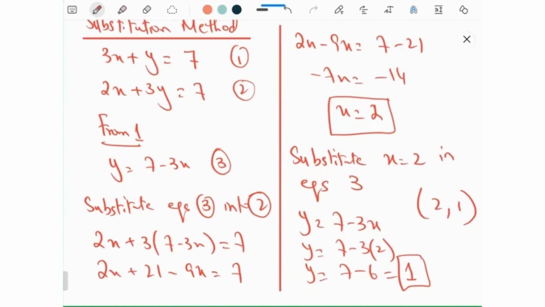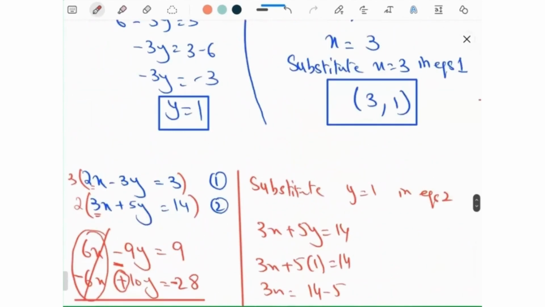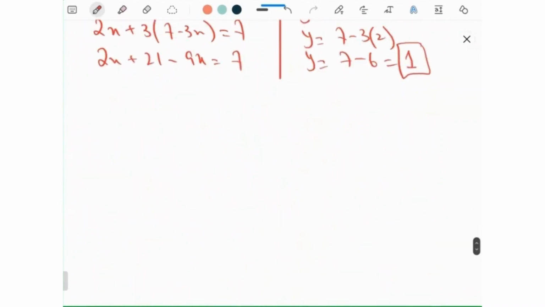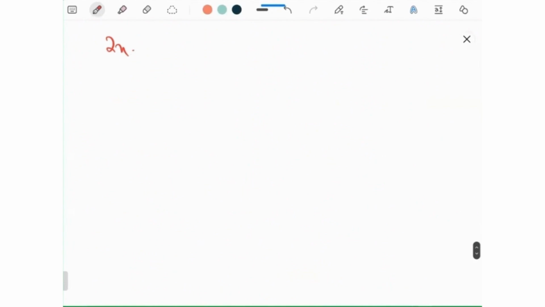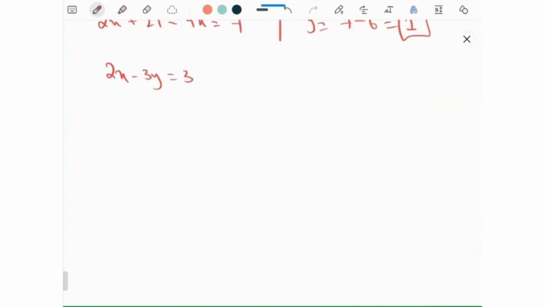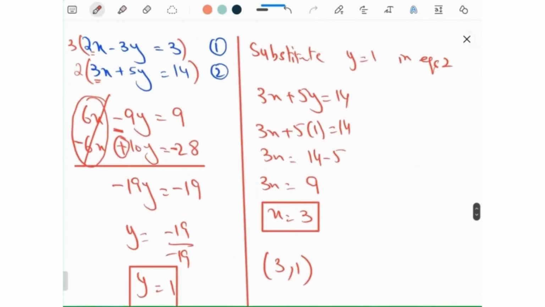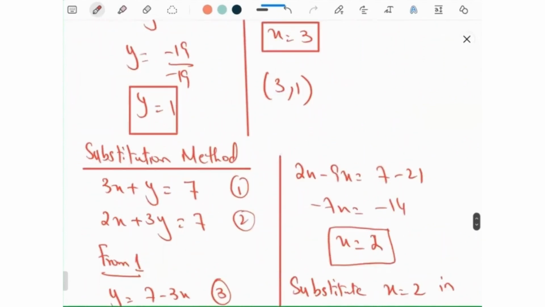अगर ऐसी इक्वेशन होती जो पहले थी, 2x minus 3y is equal to 3, 3x plus 5y is equal to 14.